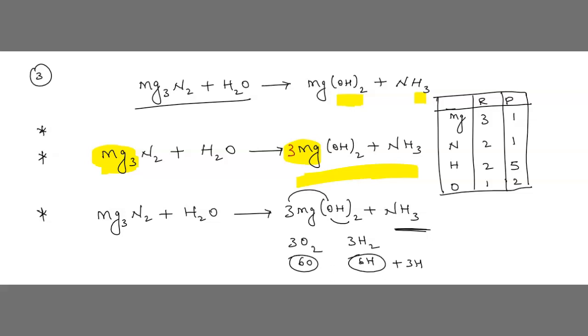We have totally 6O. Again 3H plus 2H, that is 6H. Understood? 6H plus 3H, that is nothing but totally we have 9H on the RHS. So now you need not go so deep.